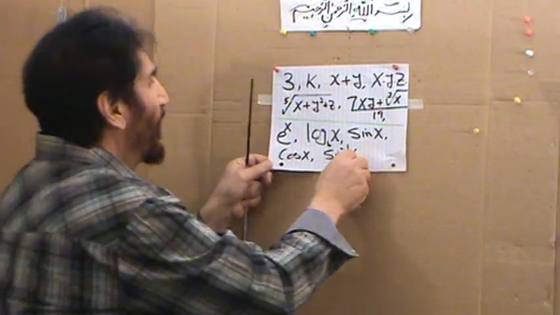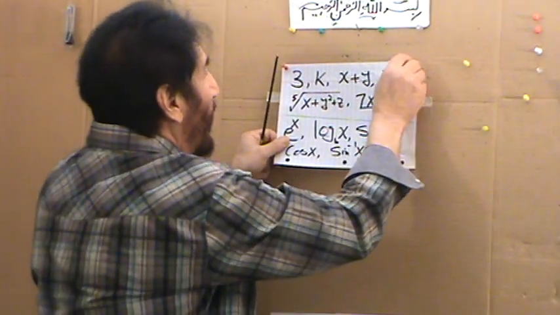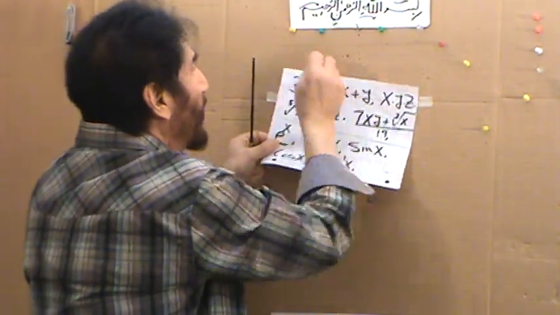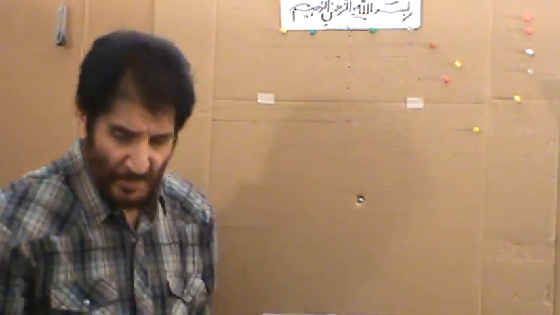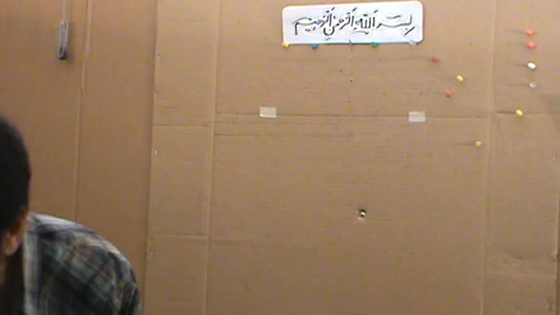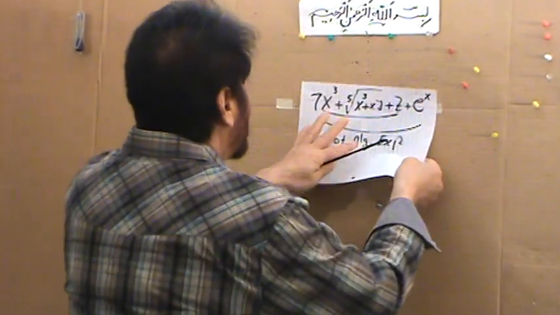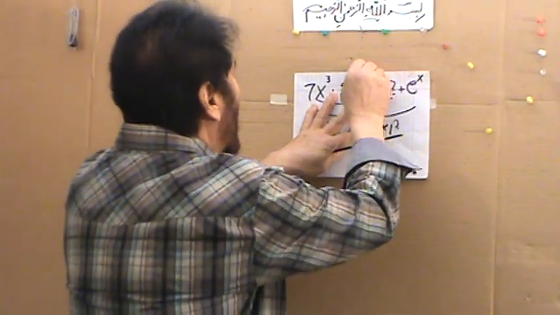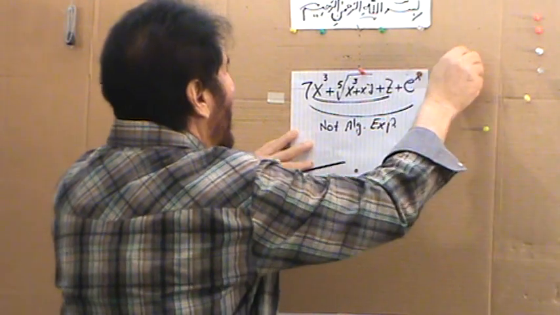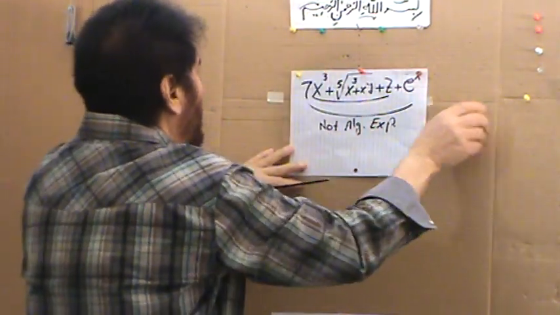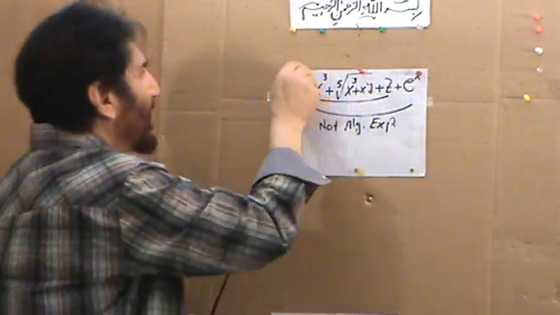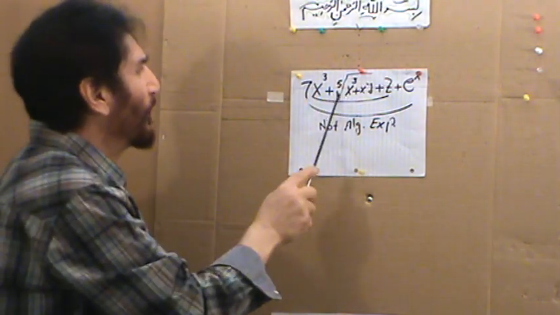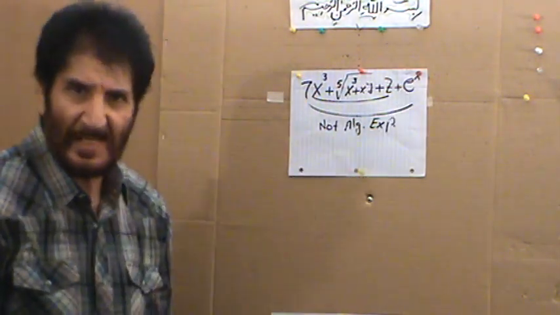Okay, so we know what algebraic expressions are. Every polynomial is an algebraic expression, but the converse is not true. By the way, let me also bring another good example. I'm glad I have written them, otherwise I would have forgotten. You see there are 1, 2, 3, 4, 5 terms here.